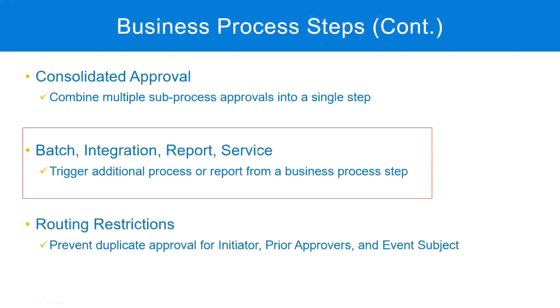We will use integration, report, service and batch when we talk about the integration business process. Service we will use here as well, as part of the hire business process and as part of ACM. But integration we will definitely use when we are creating our integrations. So the point is, from within a business process, you can also trigger these types of additional processes.